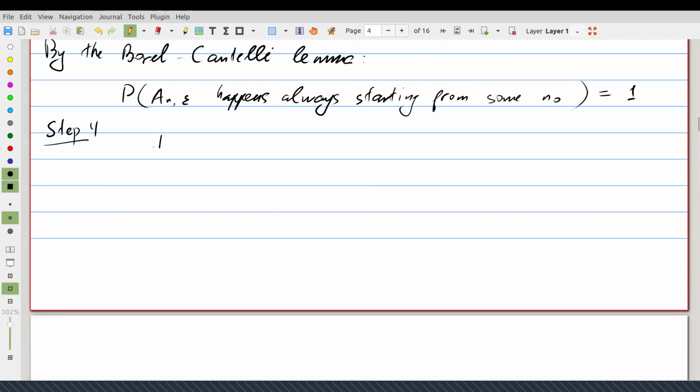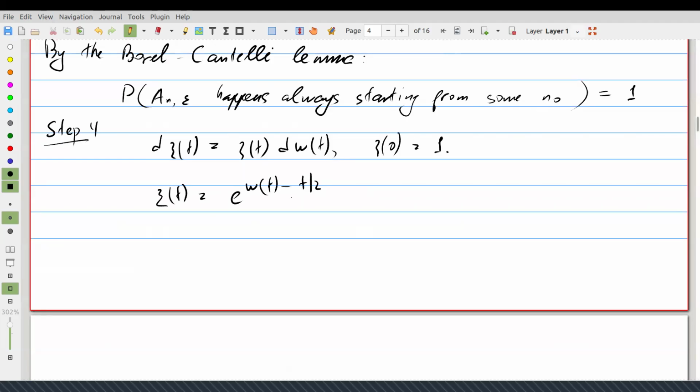So we will consider a stochastic differential equation of this form, dψ = ψ dW_t, with a specific starting condition 1. So ψ(t) is actually just e^(W_t - t/2). Like, let's check it.